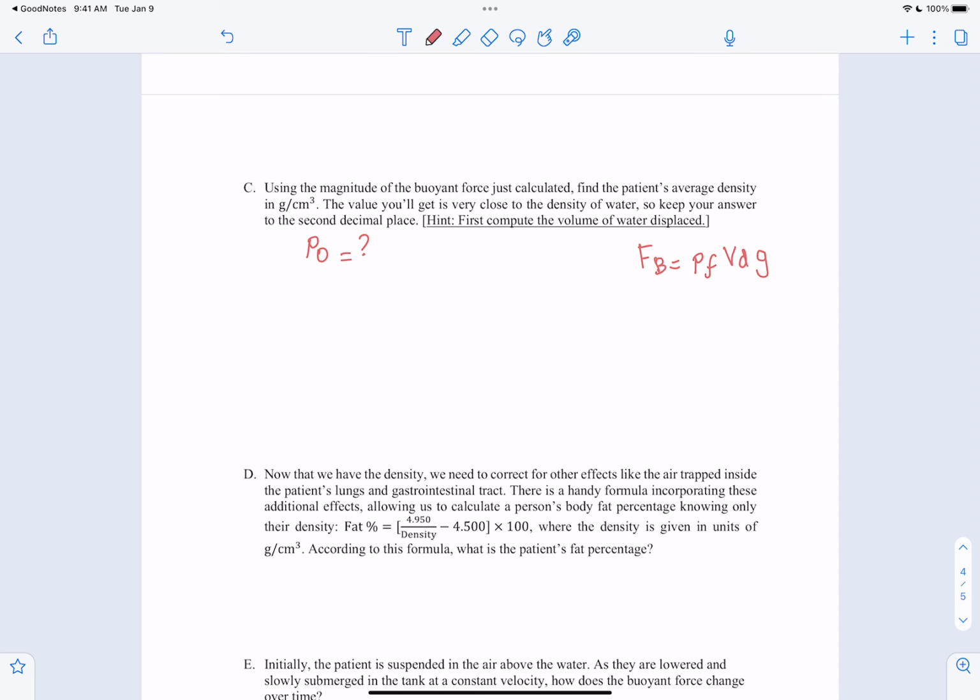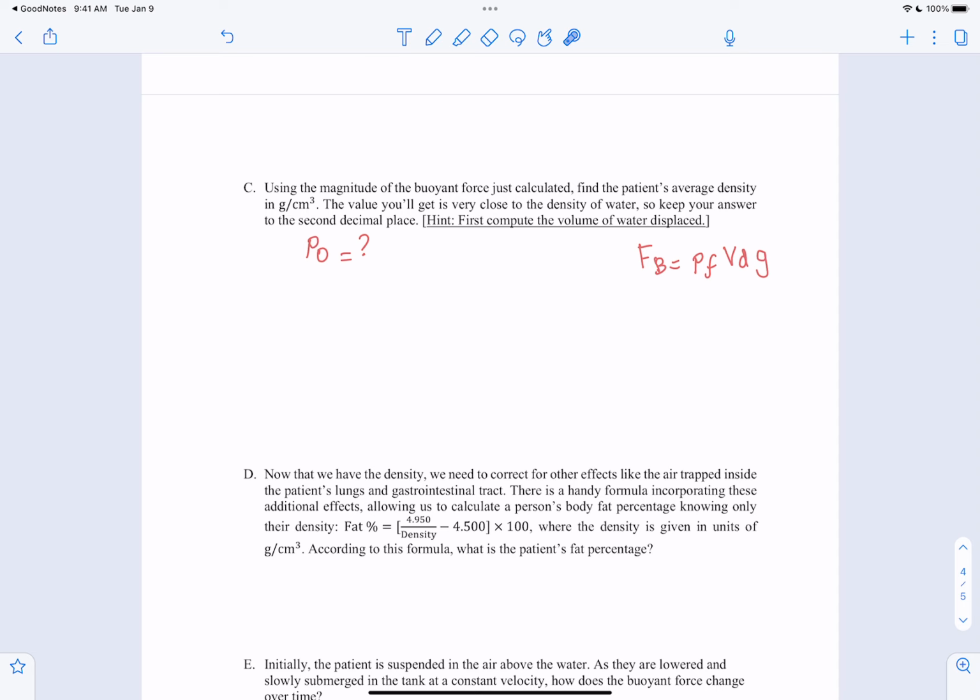Well, you're kind of on the right track there too, because density of the object is equal to the mass of the object divided by the volume of the object. So if density of the fluid is the mass of the fluid over the volume displaced, then the force of gravity is actually what we're concerned with.